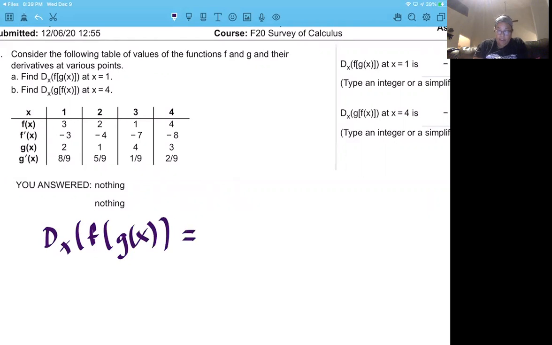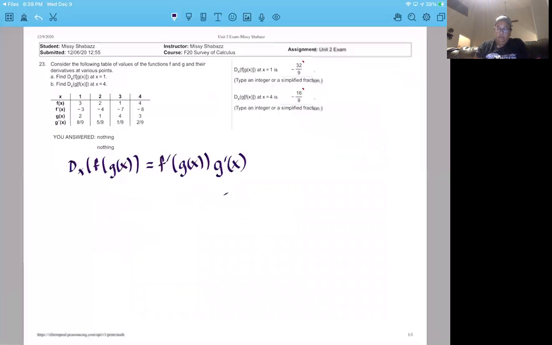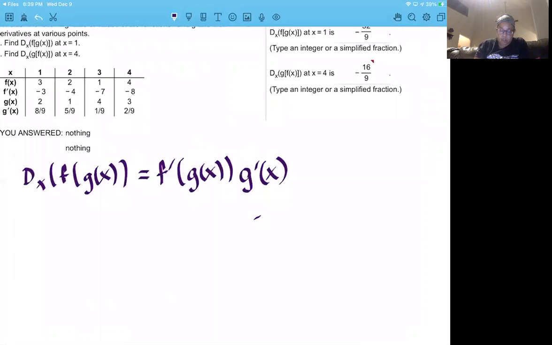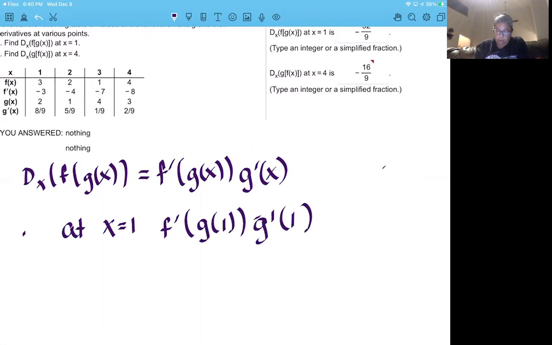That means I'm going to take the derivative of f, plug in g of x, times g prime of x. And the first part, they want it at x equals 1. So I want f prime of g of 1, times g prime of 1.